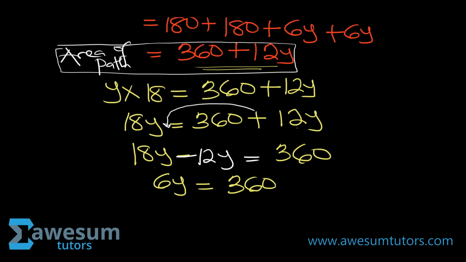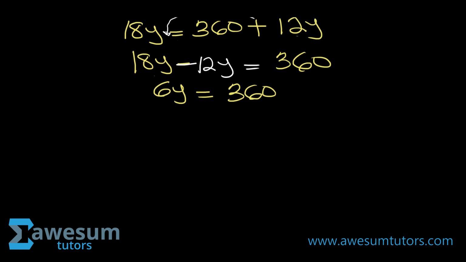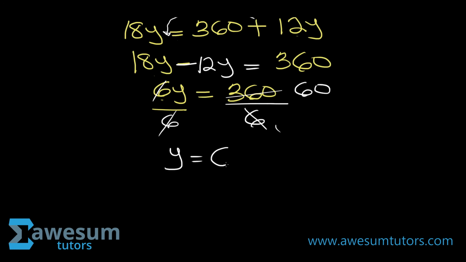Very good. We are almost there. So in this case now, how do we find y? You have to undo this 6 by dividing both sides by 6. 6 cancels 6, then it remains y. 360 divided by 6 is 60. So my y is going to be 60.